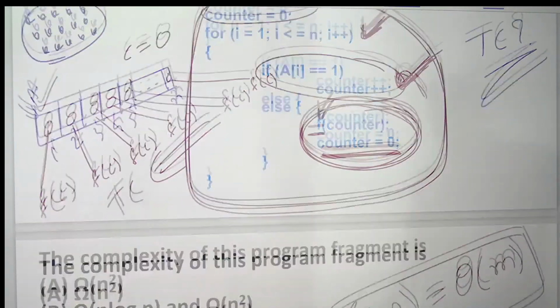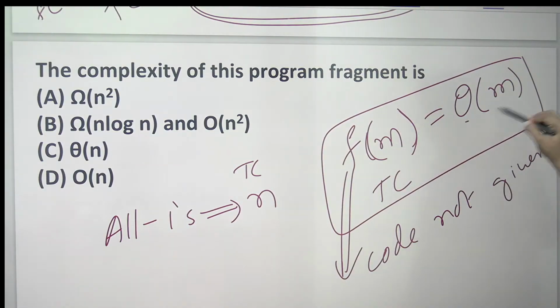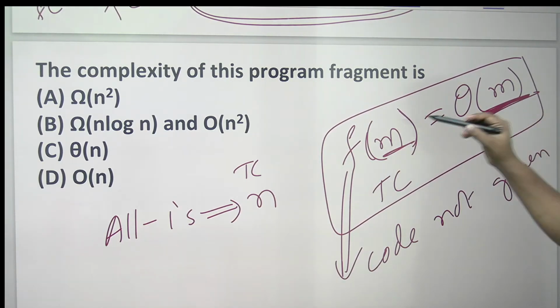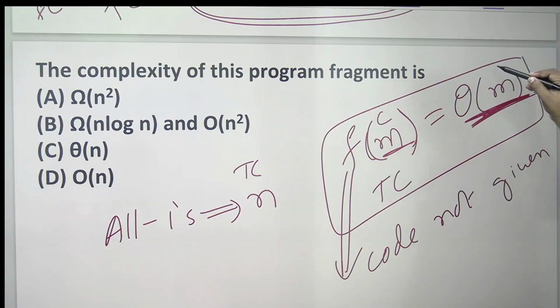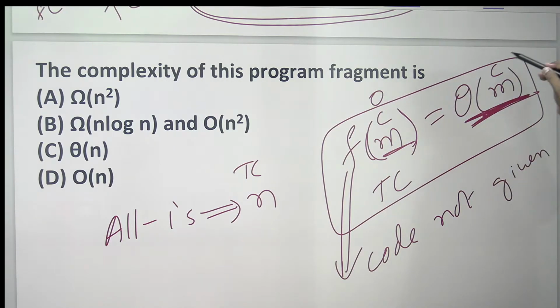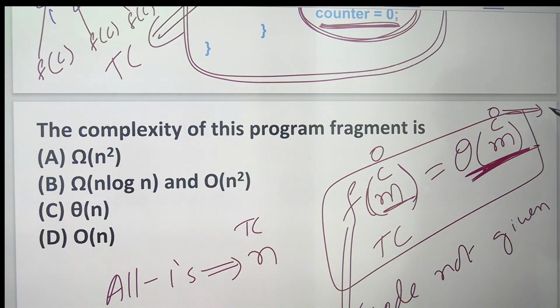But remember, listen. F of m has time complexity theta of m. F of counter has time complexity theta of counter. Which means if the counter value is 0, F of 0 is theta of 0, which is going to be constant. Please be careful.